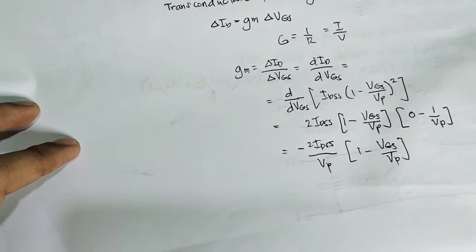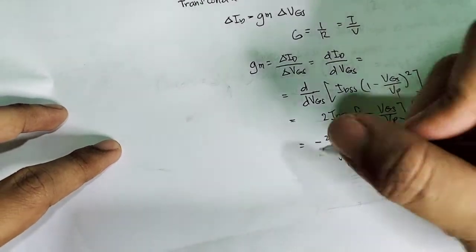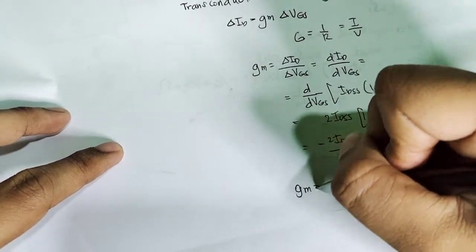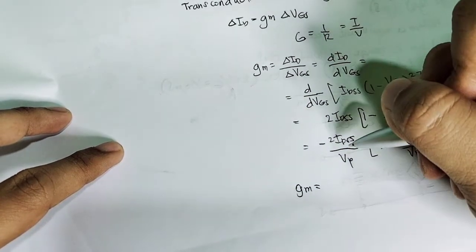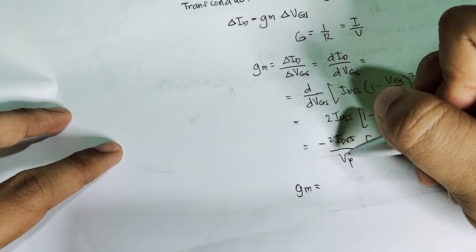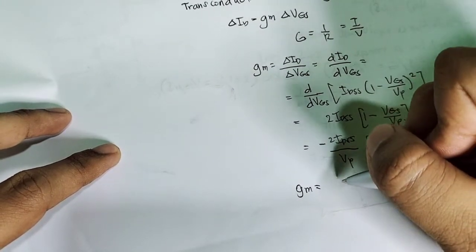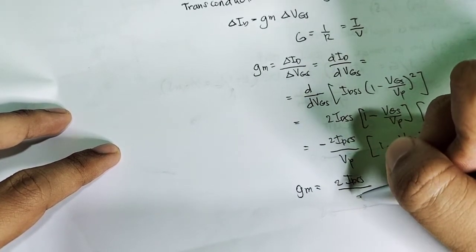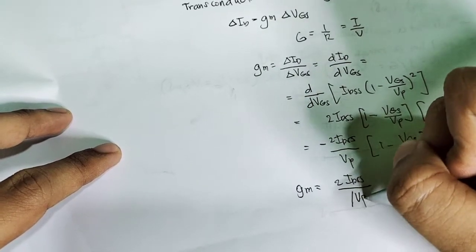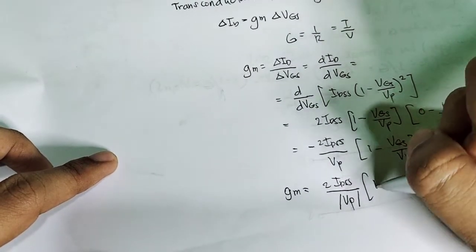Therefore, this is the transconductance formula g sub m. What we want to have is the magnitude only of the pinch-off voltage, so we don't need the sign.